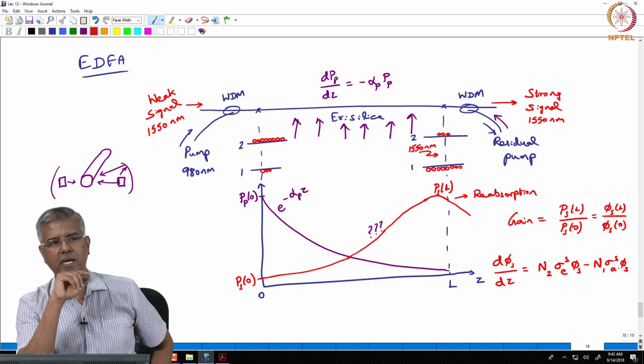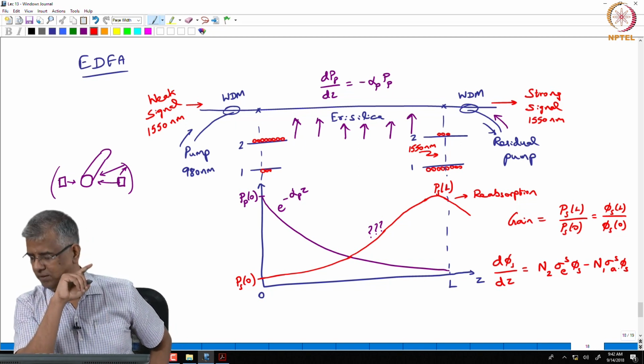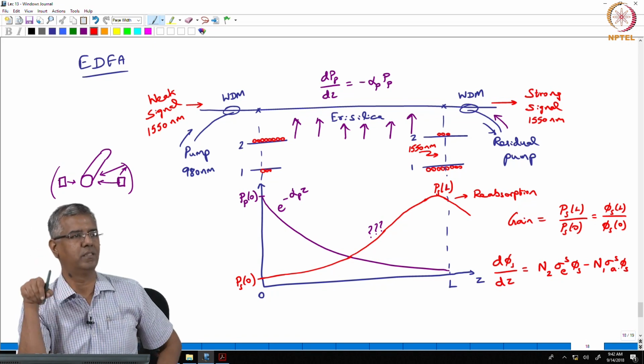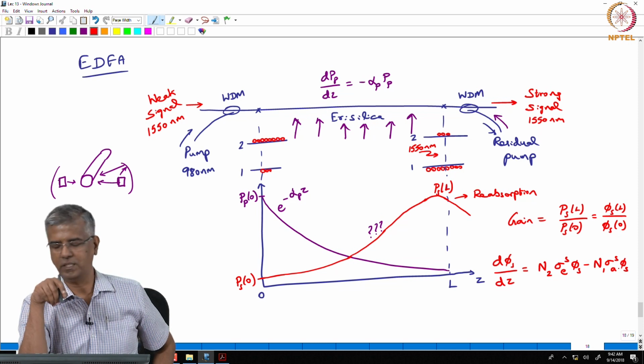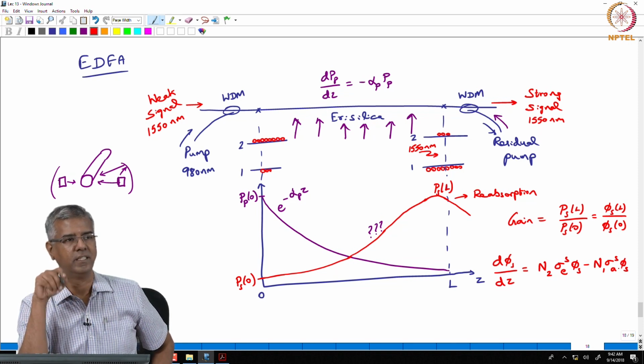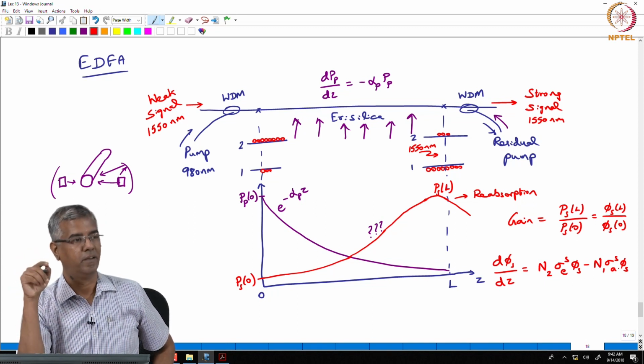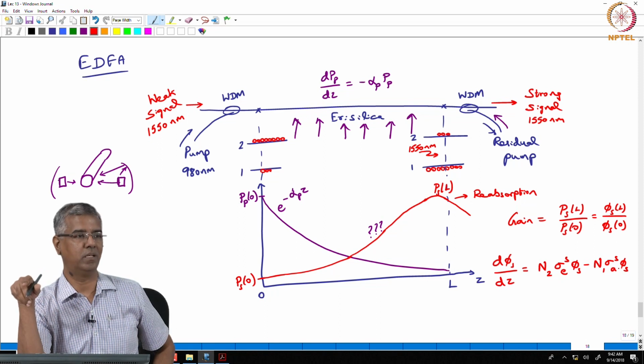Now, you have to remember which are constants and which are variables in this expression. Sigma E and sigma A are constant for a given amplifier system, whereas everything else is variable.